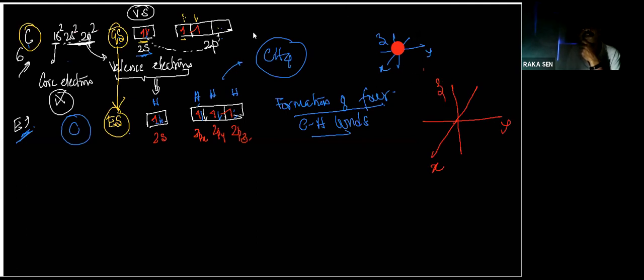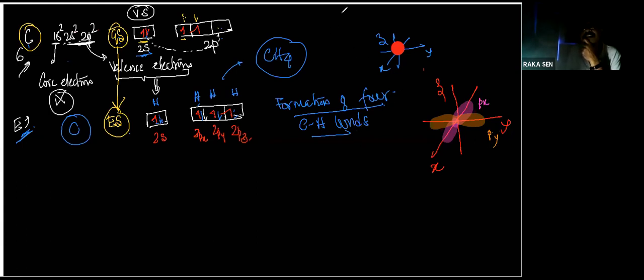Then one of the orbitals will be along the X direction, you call this Px. One of the orbitals will be in the Y direction, you'll call this Py.